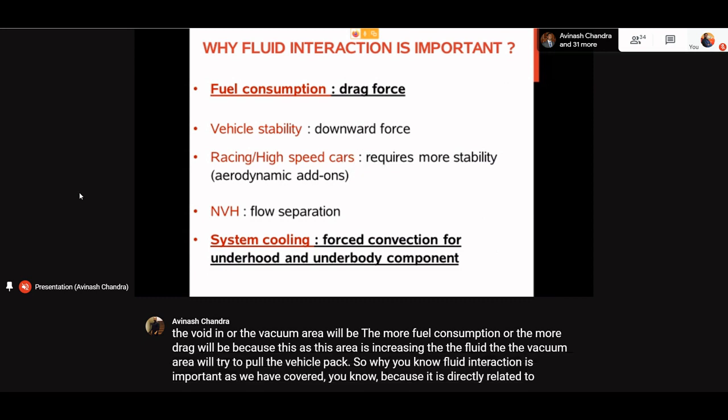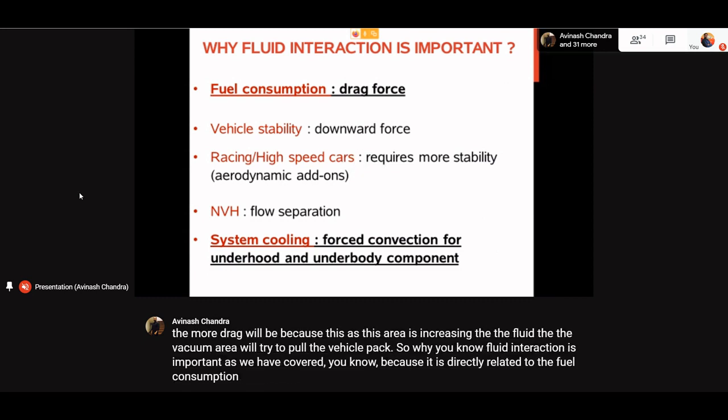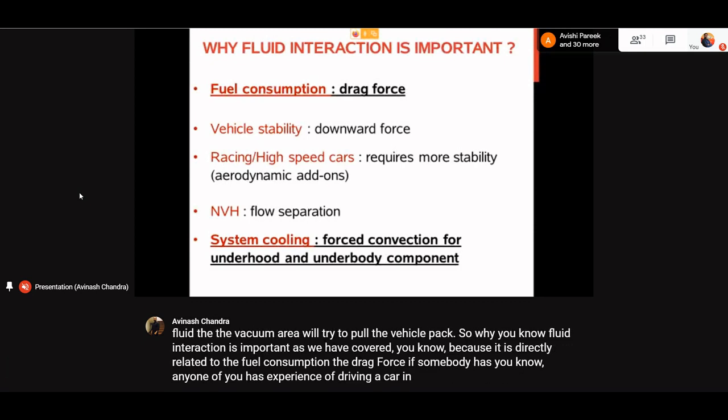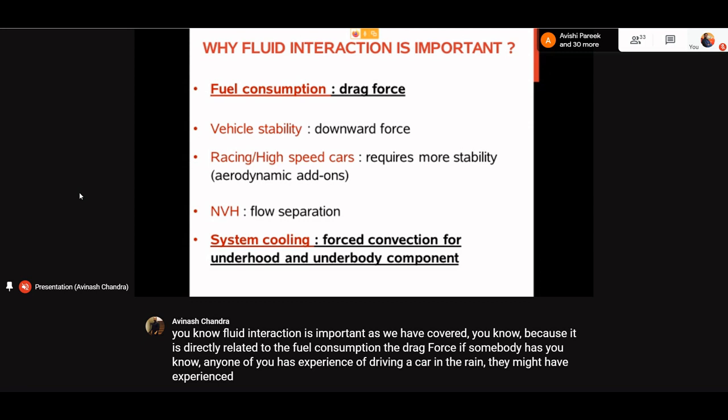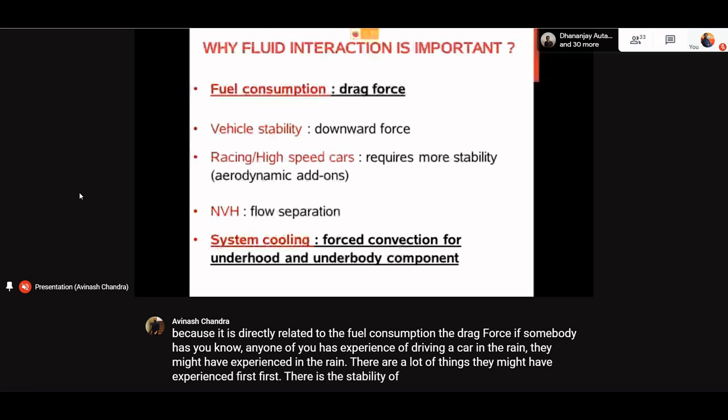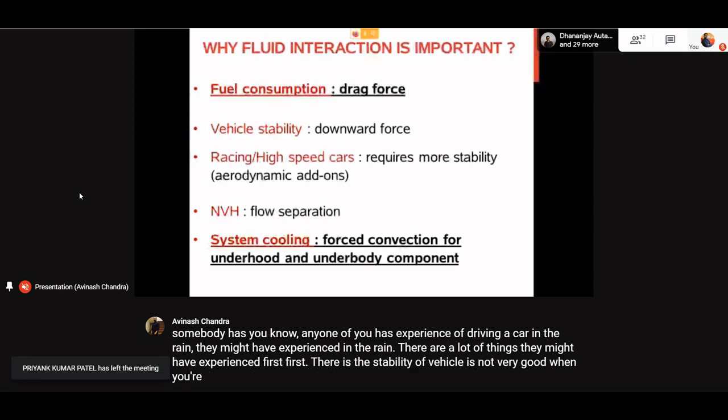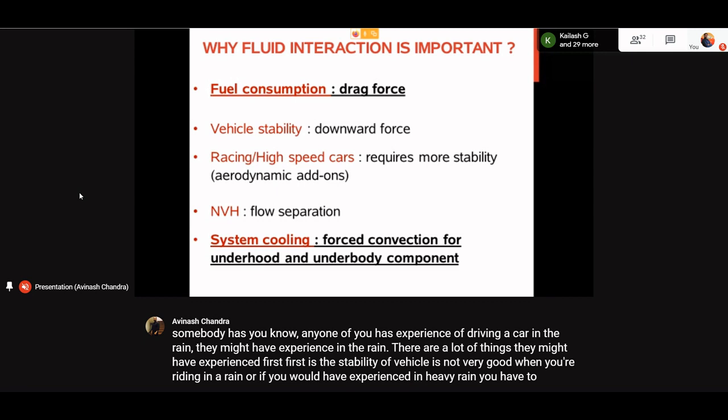So why is fluid interaction important, as we have covered? Because it is directly related to fuel consumption and drag force. If any of you has experience driving a car in the rain, you might have experienced a lot of things. First, the stability of the vehicle is not very good when you are driving in rain.